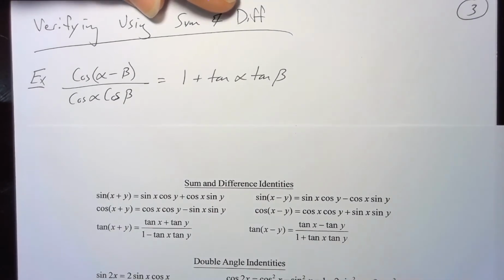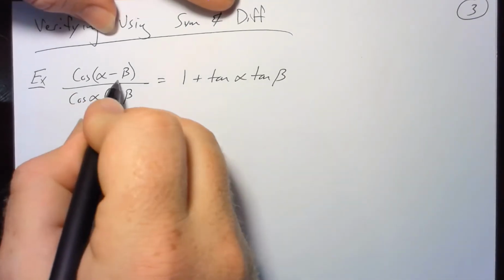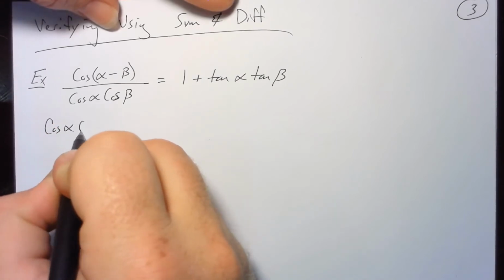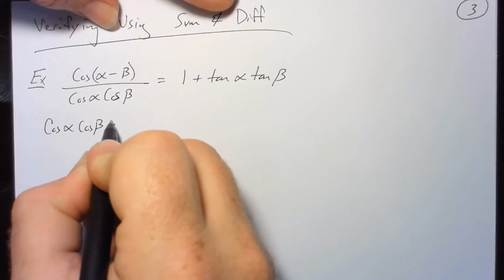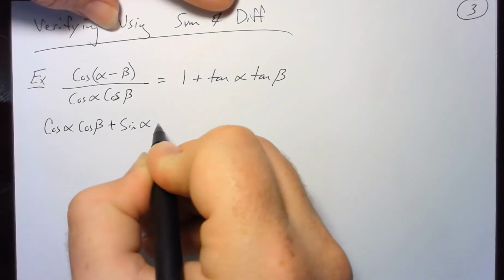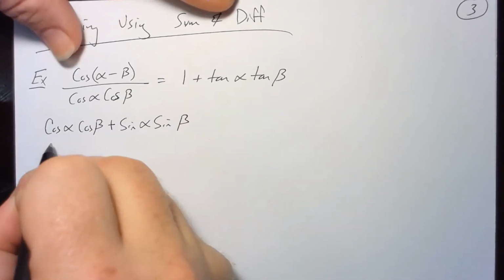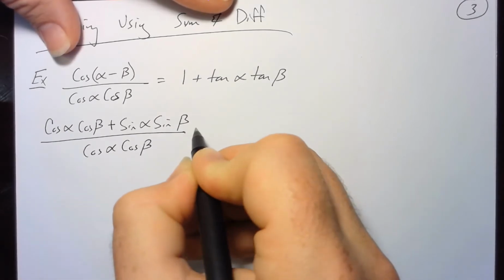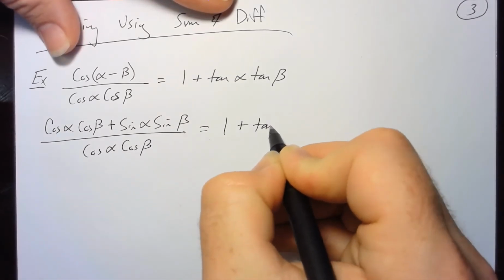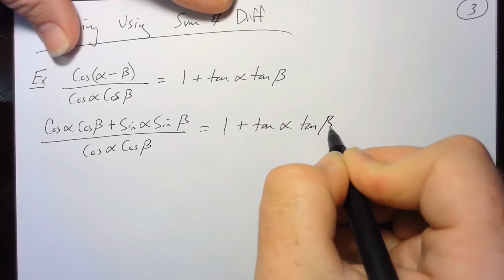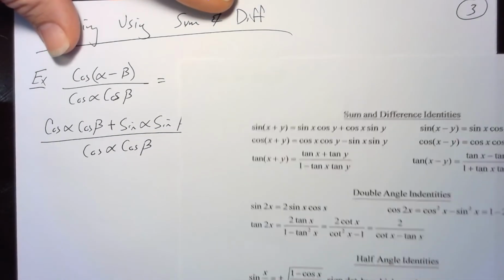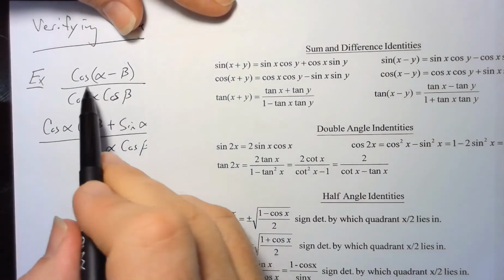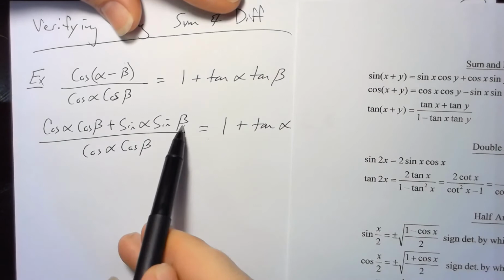So cosine of alpha minus beta is the same thing as the cosine of alpha times the cosine of beta plus the sine of alpha times the sine of beta. This is all still divided by the cosine of alpha, the cosine of beta, and it's still supposed to be equal to 1 plus the tangent of alpha times the tangent of beta. Again, keep in mind, all I did was use this identity to change this into this.